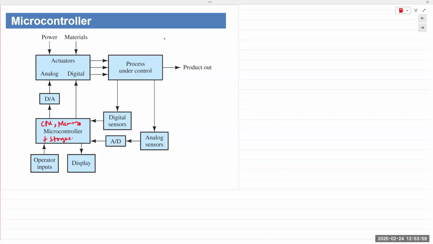In a higher level computer, the memory and the storage would be external to the CPU, whereas in a microcontroller, everything would be integrated on one chip.